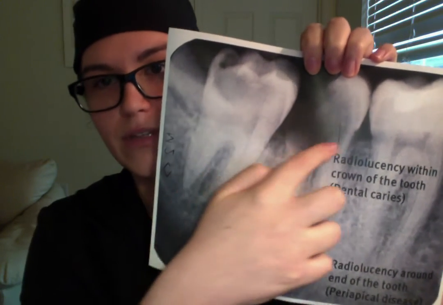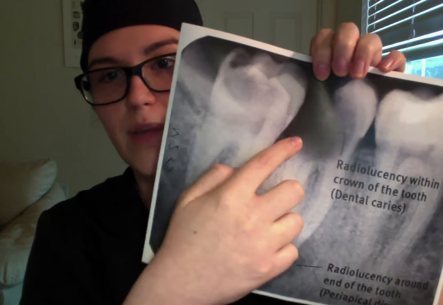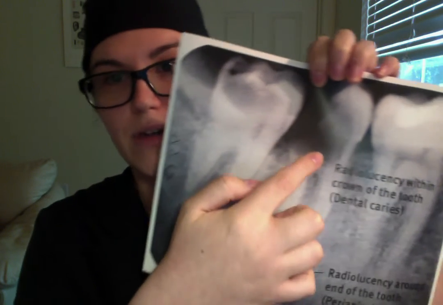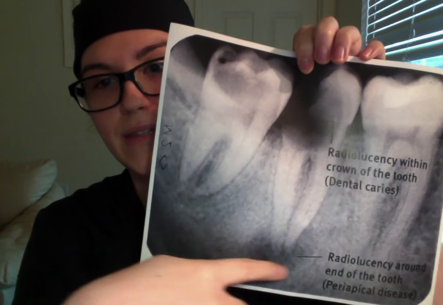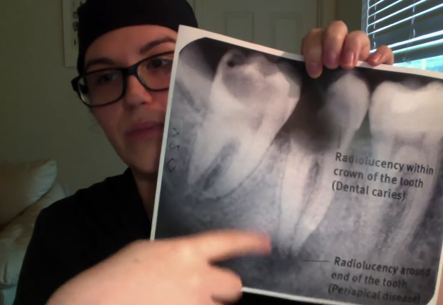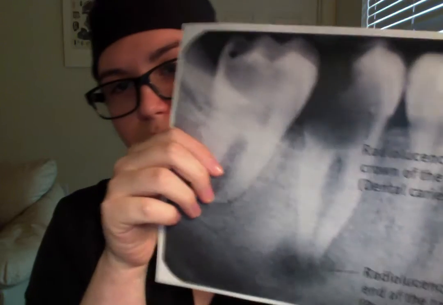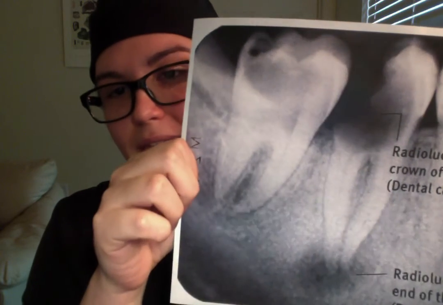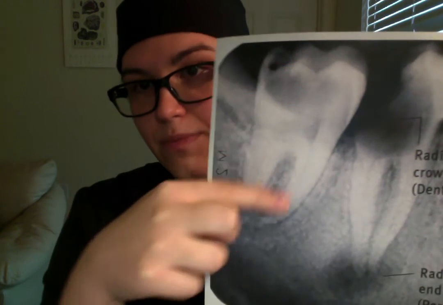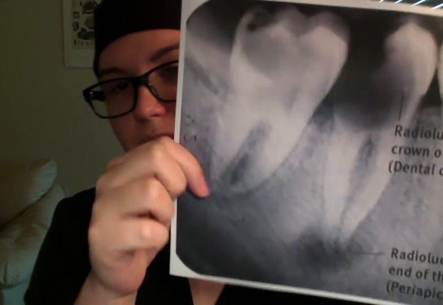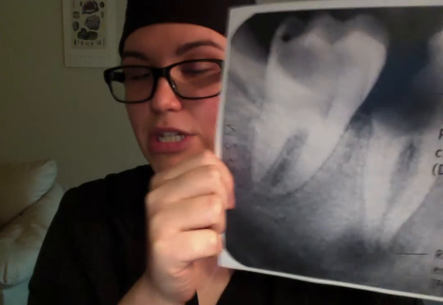So when you have a really big cavity like this, or you have trauma, or sometimes for no reason at all, your nerve will die, and it has created an infection in the bone where that nerve meets the blood supply. And it's very important that we take what's called a periapical. You can see the apices of the teeth to evaluate if the tooth has an infection.